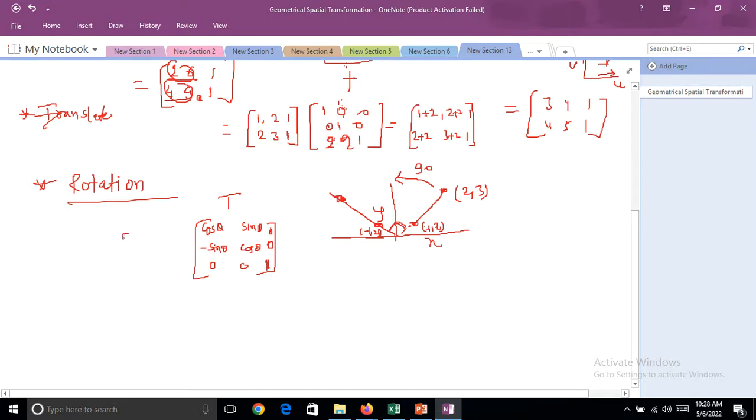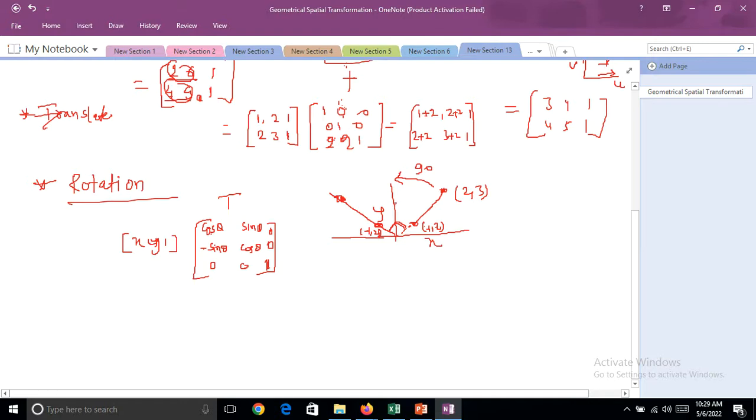So any coordinate x y, 1, x by multiplying by cos theta and y by minus sin theta, x y in one coordinate. Similarly, sin theta and cos theta in other coordinate.